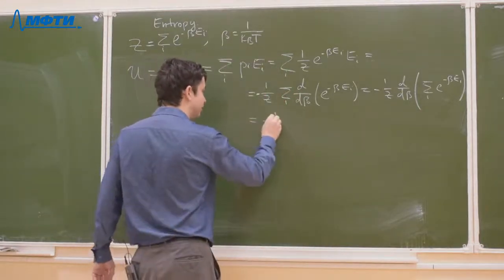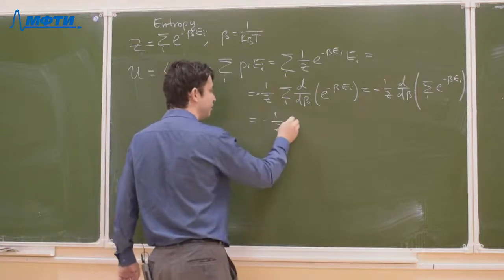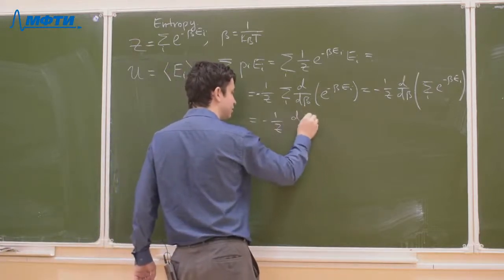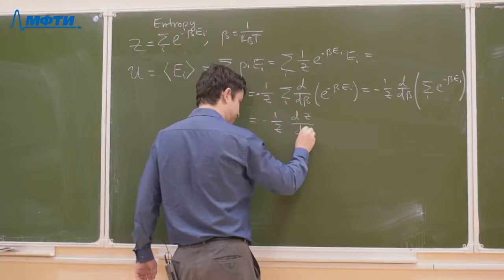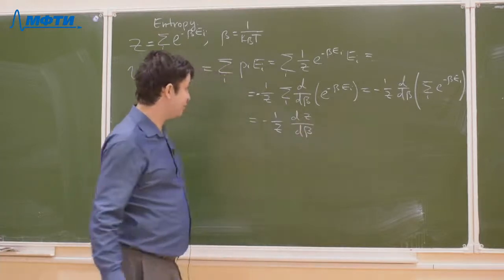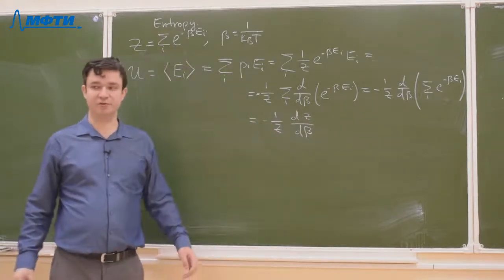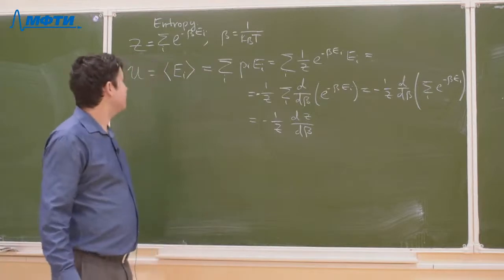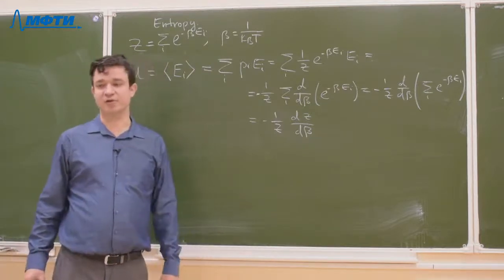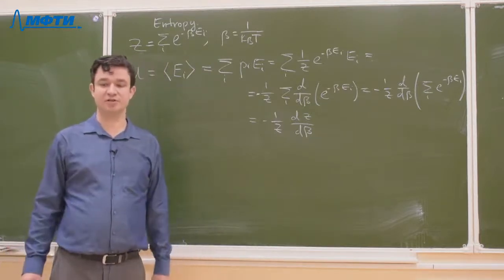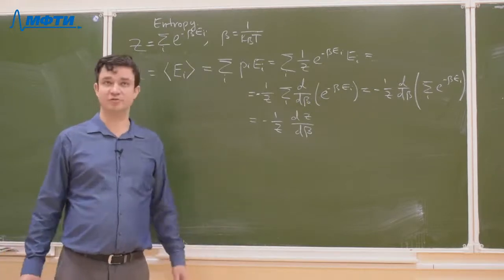So I can find the internal energy as follows, as a simple derivative of the partition function. And I have said that actually you can determine any kind of thermodynamic function using the partition function.